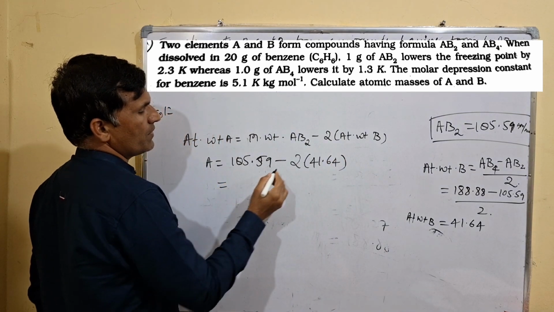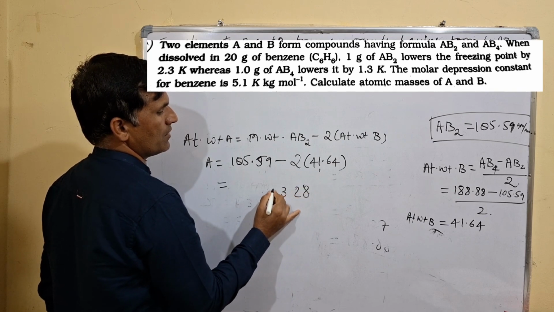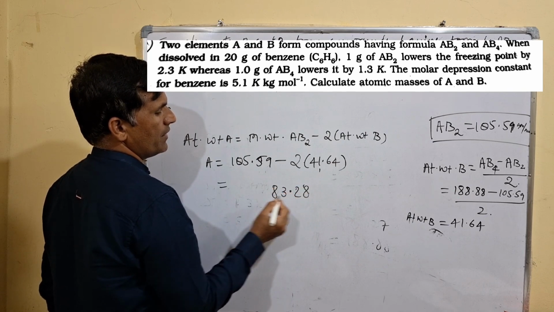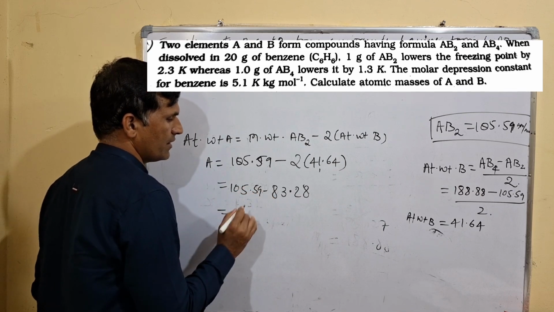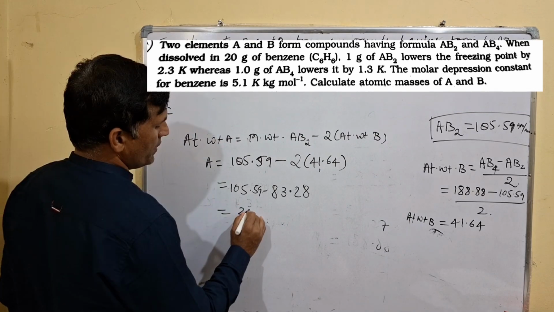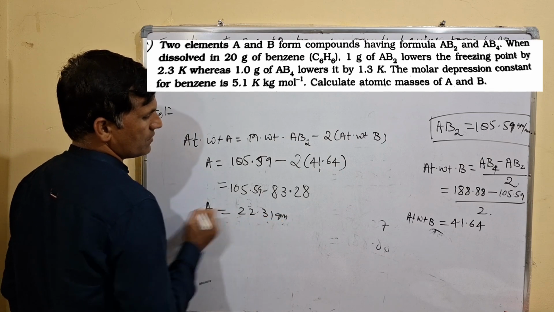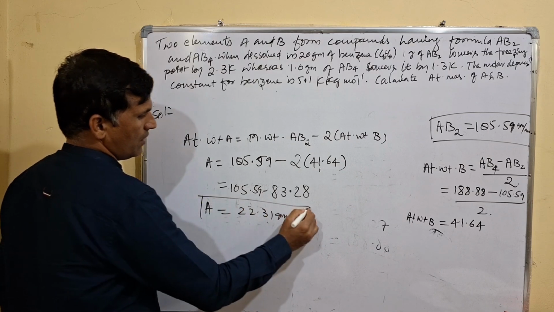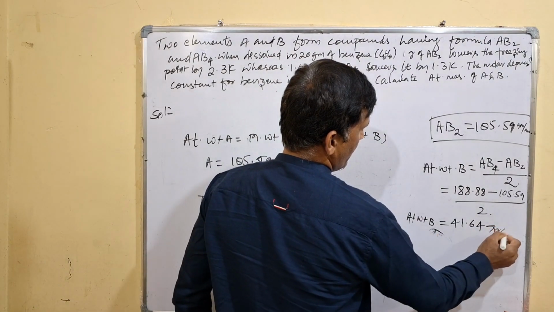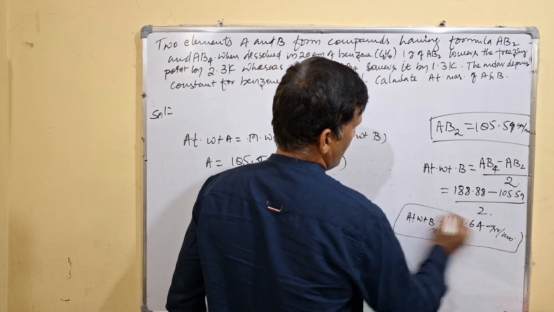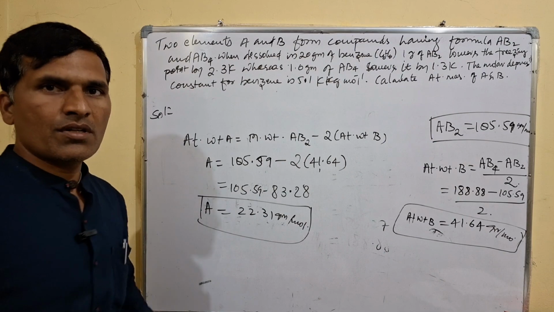That turns out to be 105.59 minus 83, so that comes out to be 22.31. This is the atomic mass of A in gram per mole. That is how we write gram per mole of B.